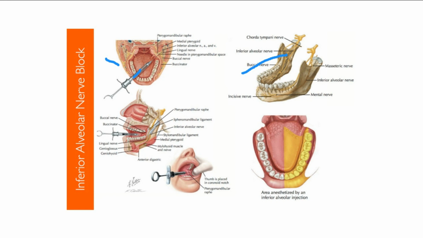If that's the case, you're going too early, too anteriorly, or too far to the back. If you go more to the back, you can end up going into the buccinator muscle, or you can get into the superior constrictor muscle. But if you see here in this picture, find your point of entrance, find the second premolar, put your needle parallel to the occlusal plane and enter in.